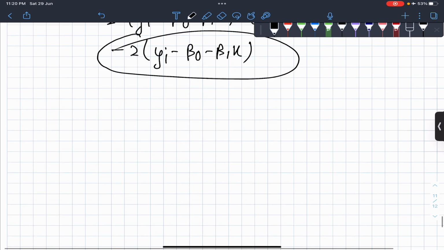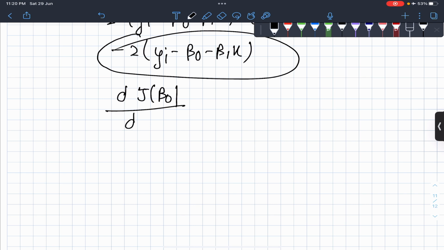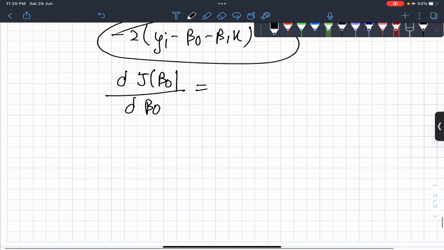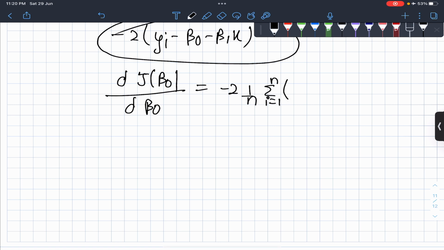So what is the derivative of J(beta 0) with respect to beta 0? It's nothing but minus 2, wait, I forgot this, minus 1 by n, sigma from 1 to n, (y_i minus beta 0 minus beta 1x).